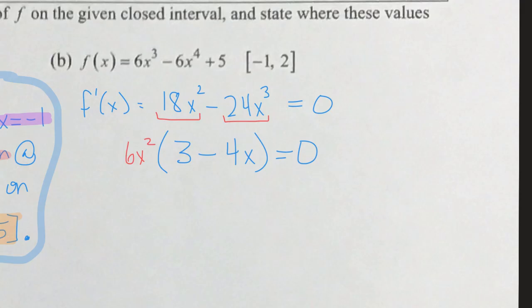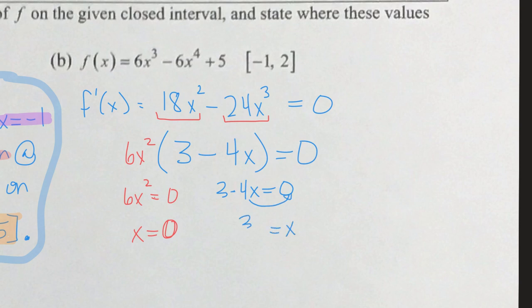So now to solve, we set both of our factors equal to 0. Right? If I have two things multiplied together to give me 0, then one of those two numbers has to be 0. So from here, x equals 0. That's the only thing I can multiply 6 by and still get a 0. And on this side, I can move my 4x over here and then divide by 4.